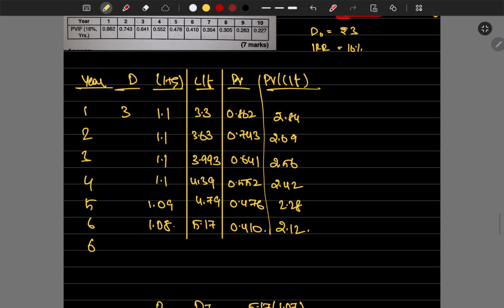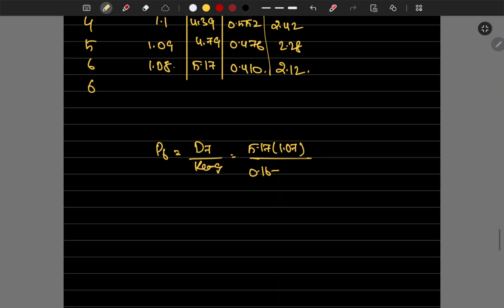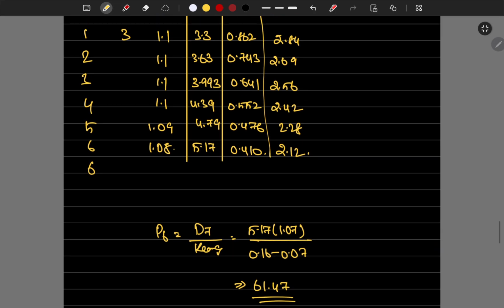KE is 16%, 0.16, minus the growth rate 0.07. So 5.17 into 1.07 divided by 0.09, which is 61.47. That is the P6 value, which we have calculated.